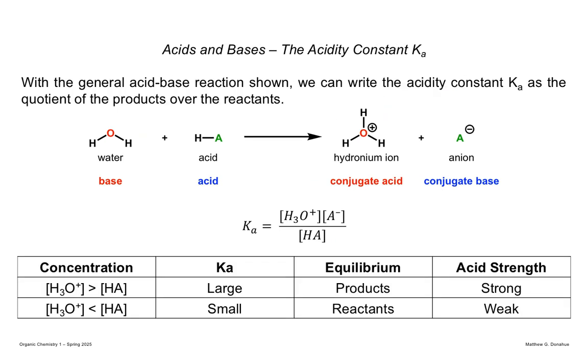So to summarize that, when we're dealing with concentration of hydronium versus the acid, in the first column here, if the concentration of hydronium is greater than the acid, that means the Ka number is large. Chemically, what that's telling you is that the equilibrium is favoring the products, in that the acid is ionizing, so it's a strong acid.